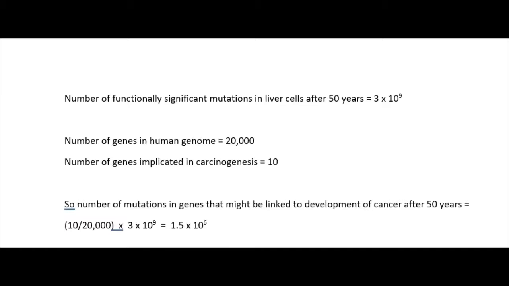So if we just multiply our 3 times 10 to the 9 mutations by the fraction of genes which could be implicated in generating a cancer, we come up with a number of 1.5 million. So that looks like a very scary number because, again, that suggests there are 1.5 million cells there in the liver which seem to be poised about to lead to the development of a tumour. And obviously that can't be right.